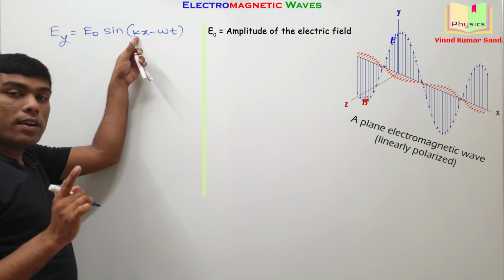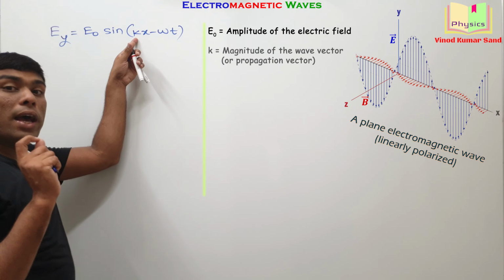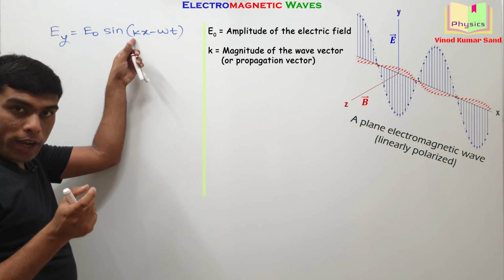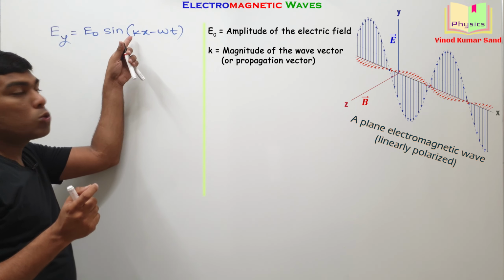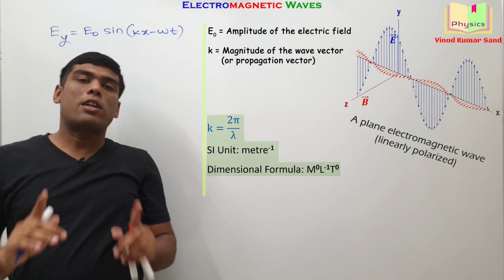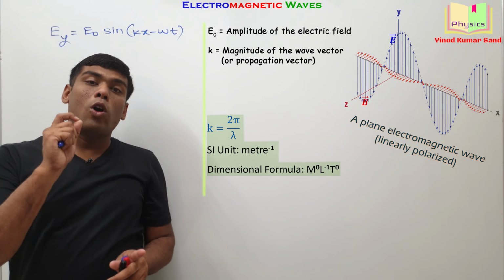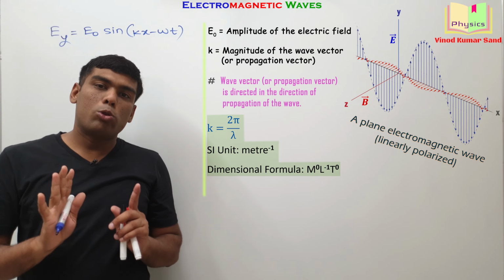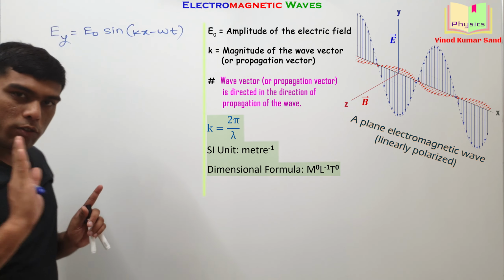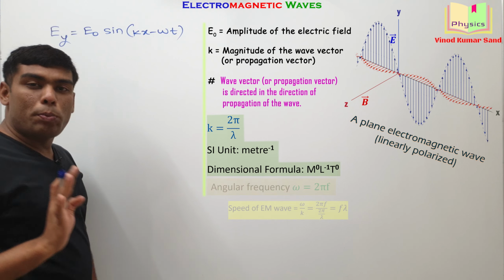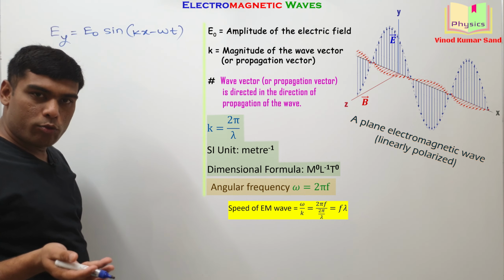What is k here? k is the magnitude of the propagation vector or the wave vector. This k is equal to 2π/λ. The propagation vector or wave vector is always directed along the direction of the motion of the wave, the direction of propagation of the wave. And ω is equal to 2πf, where f is the frequency.